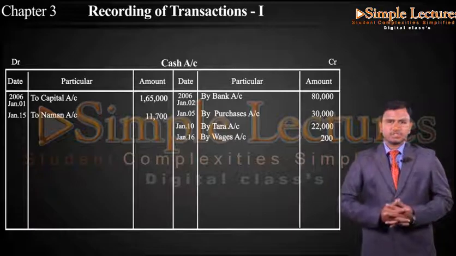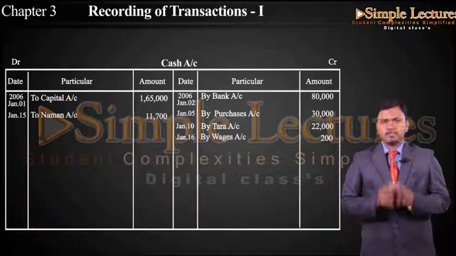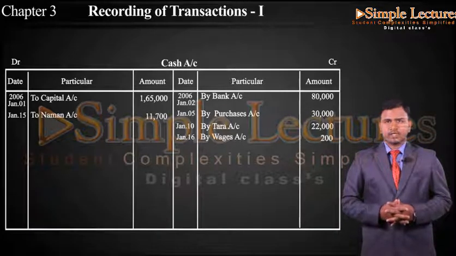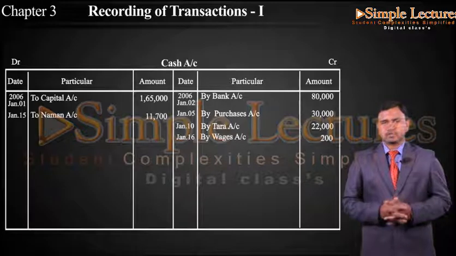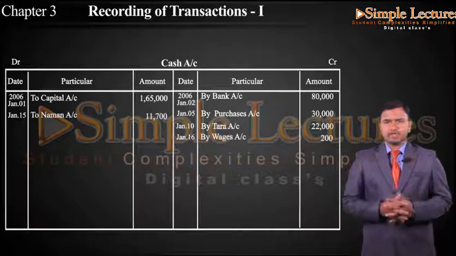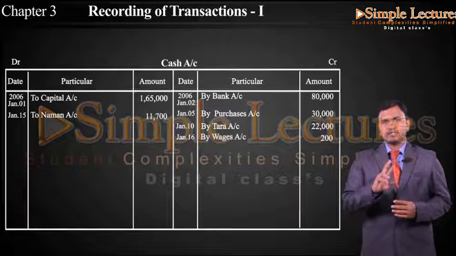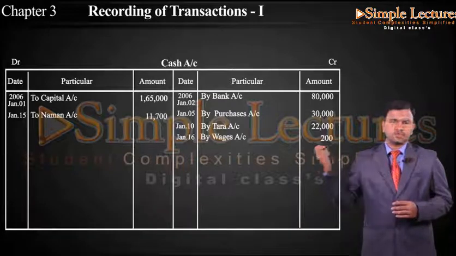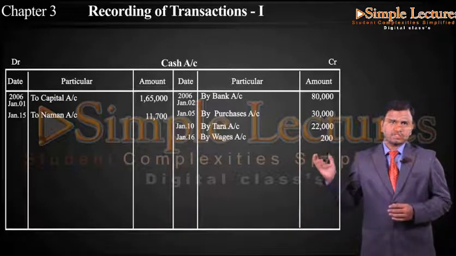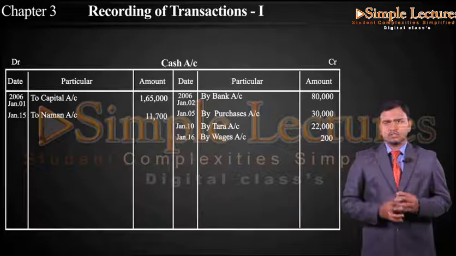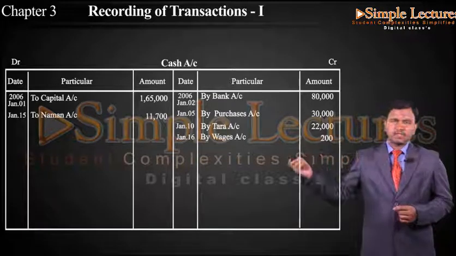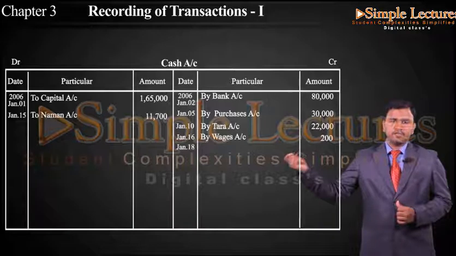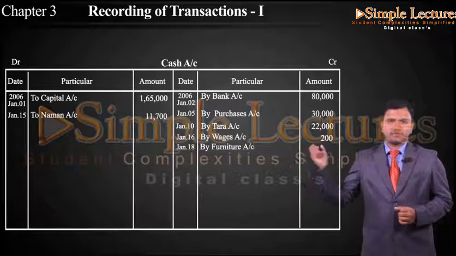The next transaction we have on Jan 18th: furniture account debtor to cash account, 5,000. Again the cash was credited here, which is nothing but the payment made towards the furniture. So in the credit side, date Jan 18th, by furniture account, 5,000 in the amount column.